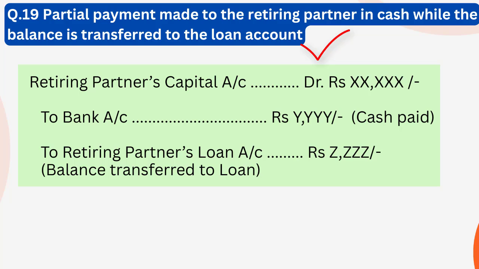We credit the bank account because the amount is being paid out right away. That is, the cash is going out of the firm's bank. And we credit the loan account because it has to be paid later. So it becomes a loan payable by the firm. As you can see, the entry looks like this.